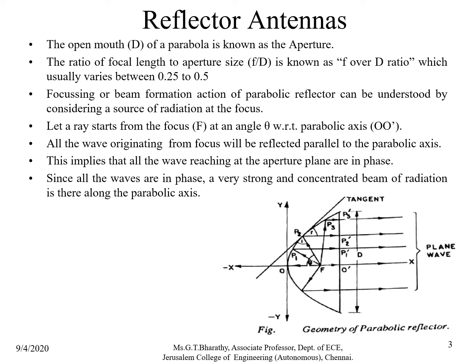If you have any source which is kept at the point F, the rays which are originating from the focus will be reflected by the parabola, and the reflected waves reach the aperture as a parallel plane. Since all the waves are in phase with each other, a very strong concentrated beam of radiation will be available along the axis of the parabola.